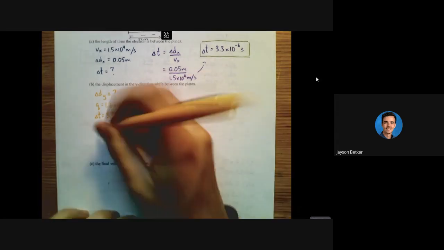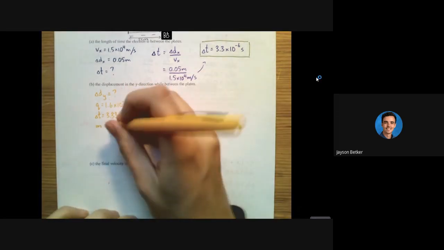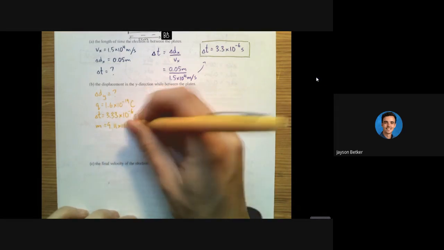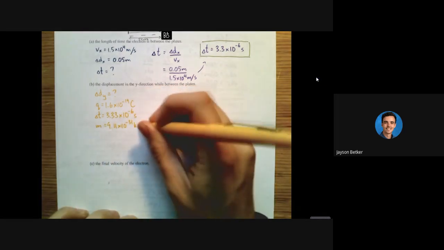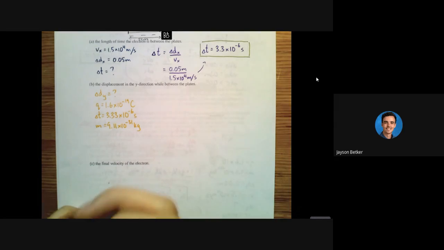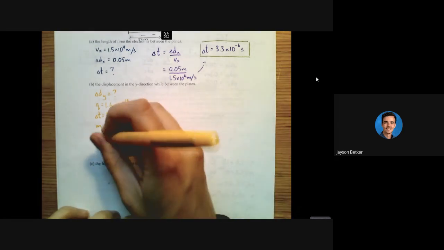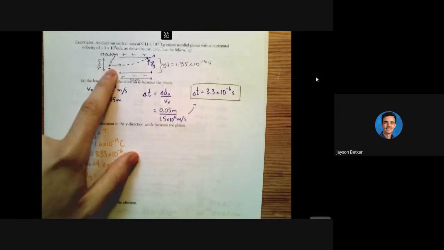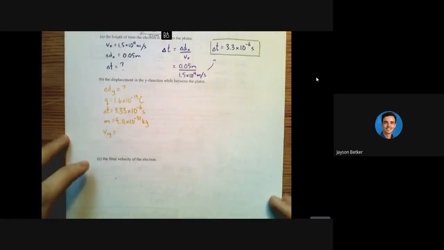I was given the mass. Mass was 9.11 times 10 to the negative 31 kilograms. And my initial velocity in the y direction is what? Am I moving up or down in y here? No, I'm moving straight to the side, right? Straight to the right.